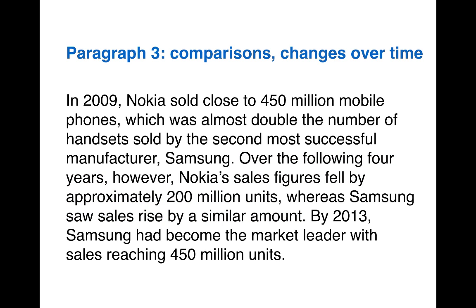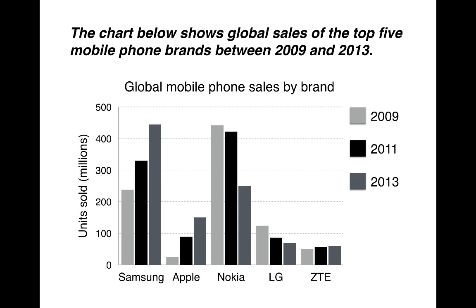So that's paragraph 3 finished, and now let's move on to paragraph 4. We need to look at the chart again and decide for paragraph 4 what to put. We have to, of course, group together the 3 other providers of mobile phones, Apple, LG and ZTE. Let's start with 2009. You can see the 3 figures there. We could compare them.